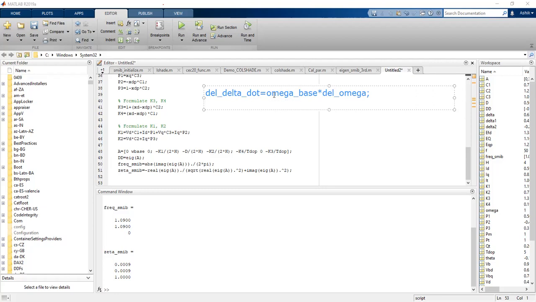I'm simply listing the state equations in the x dot equals Ax plus Bu form, because I would like to quote them.